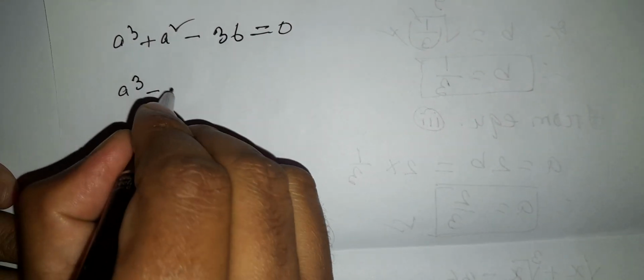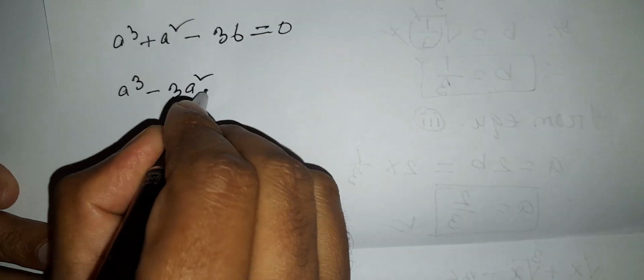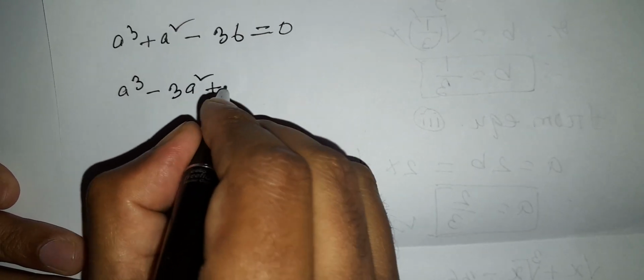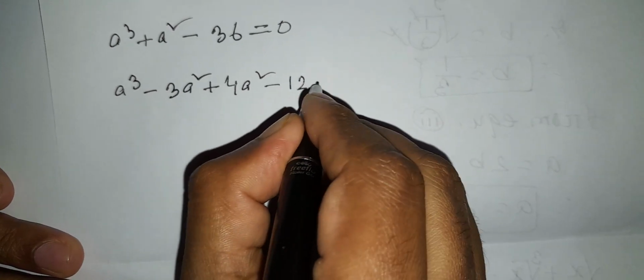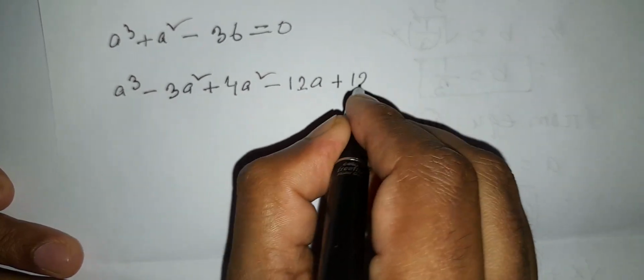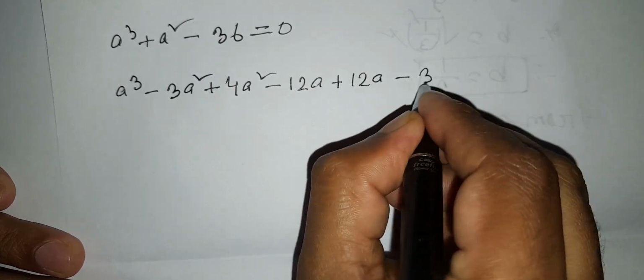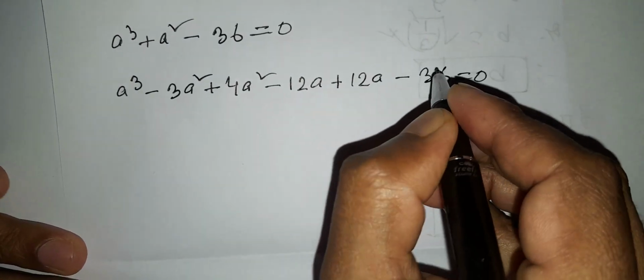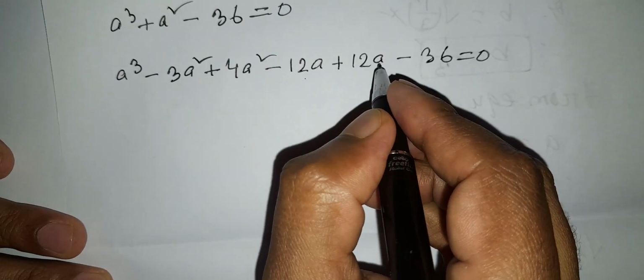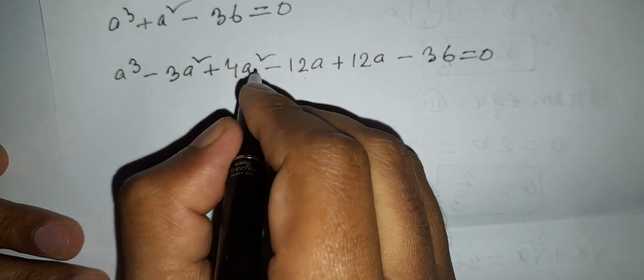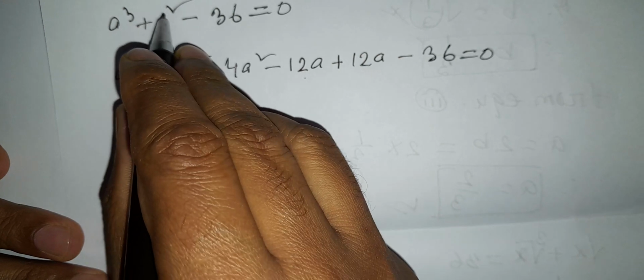Now a cube we can write as a cube minus 3a square plus 4a square minus 12a plus 12a minus 36 equal to 0. Okay, 3a square plus 4a square.